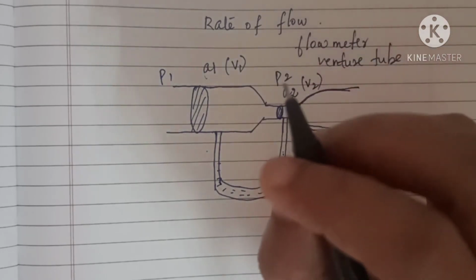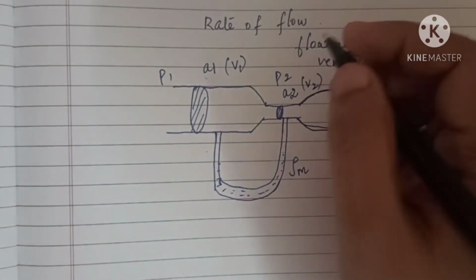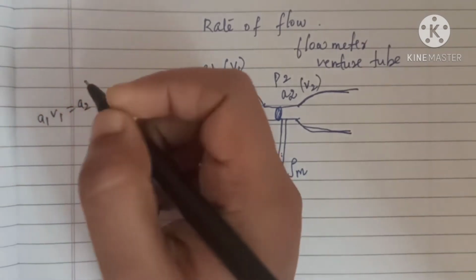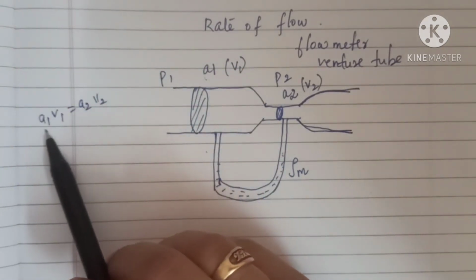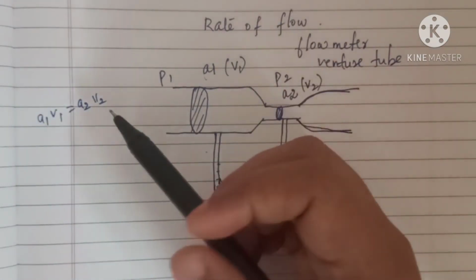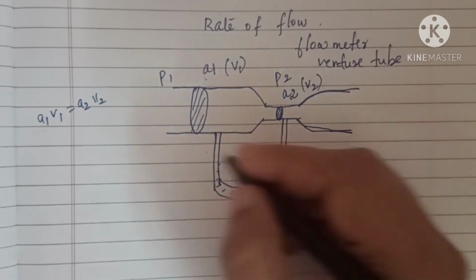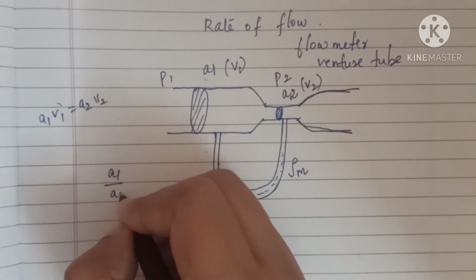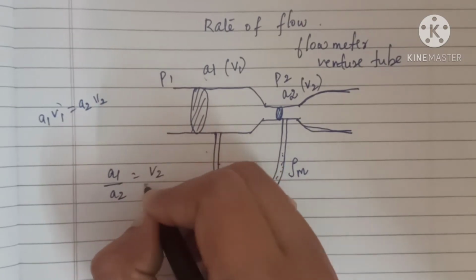And I told you the equation of continuity, A1 V1 equals A2 V2, which means that in a smaller area of cross section the velocity will be more and vice versa. So I can rearrange this equation and write A1 by A2 is equal to V2 by V1.